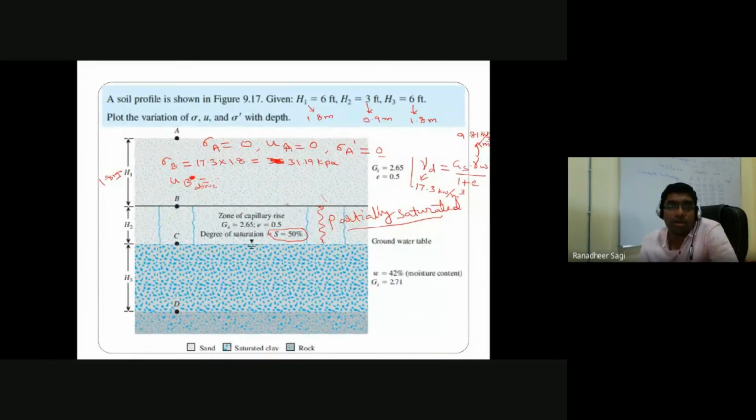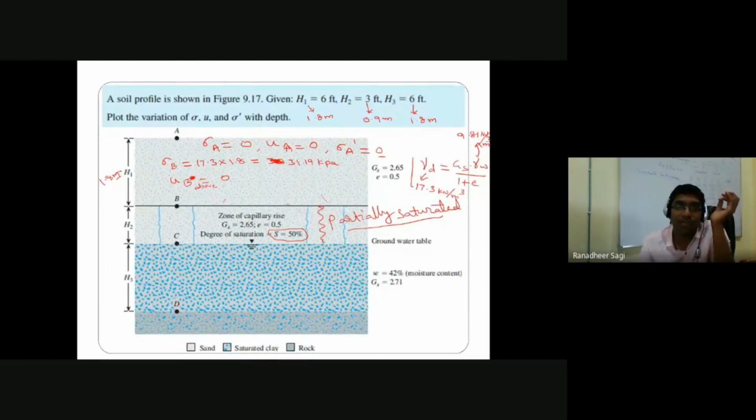So above that point B position, the pore water pressure we are going to get is simply equal to 0, because it's a dry soil. You don't have any pressure head corresponding to the position just above point B. So automatically the pore water pressure you calculate at point B comes out to be equal to 0. Repeat, it simply comes out to be equal to 0.